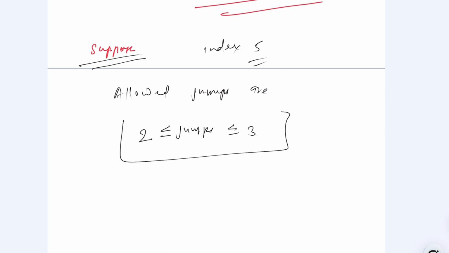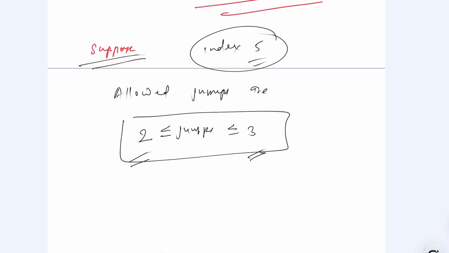This is the range, right? So if we want to check who can jump to index 5, there are two indices allowed, for jumps 2 and 3.